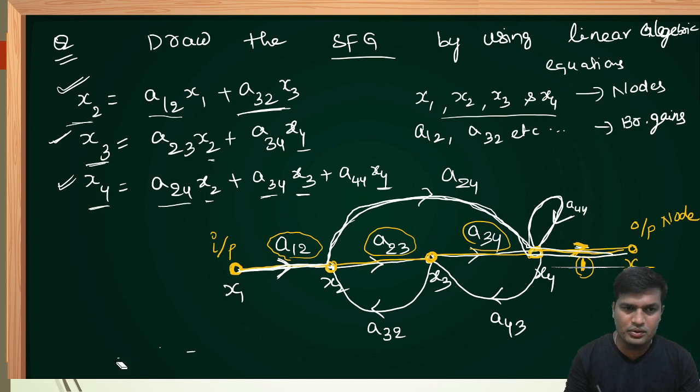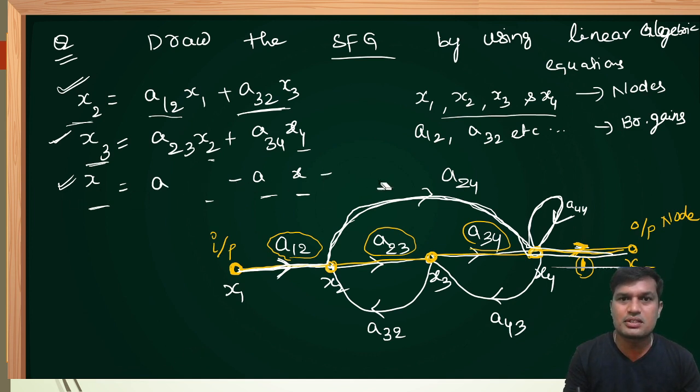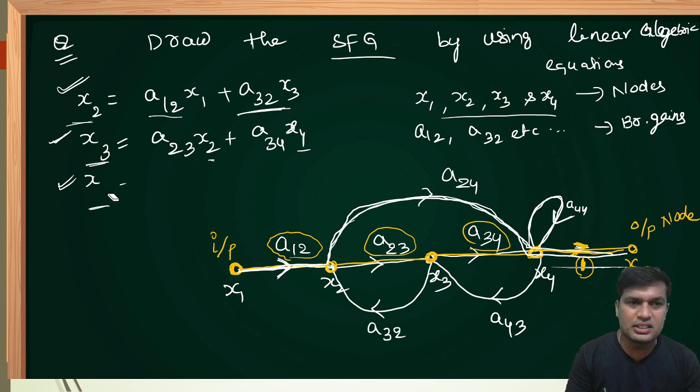Now, whenever input node is x1 and output node is x5, we have discussed two forward paths, right? Now I am changing the combination of input and output nodes. Let me see what will happen.